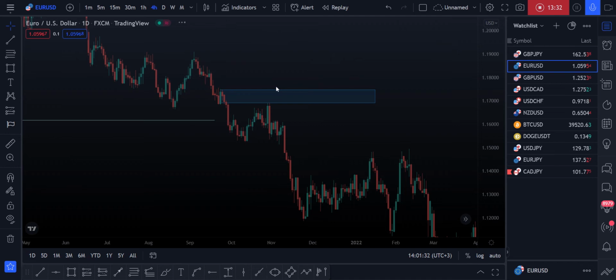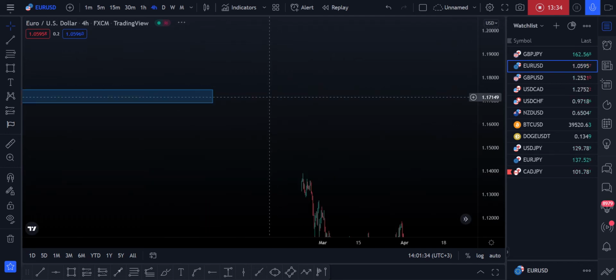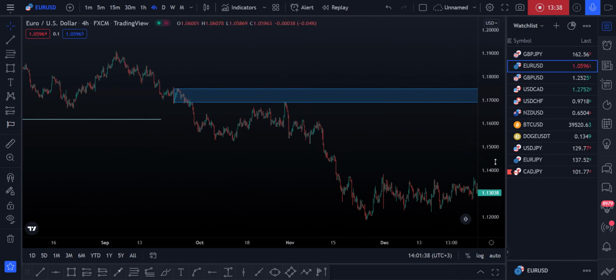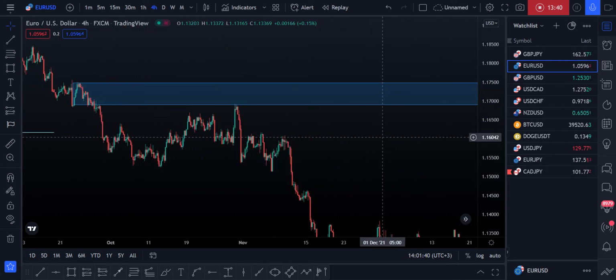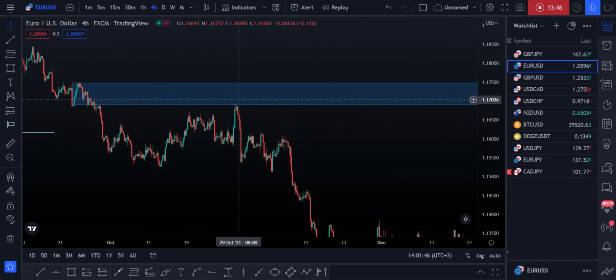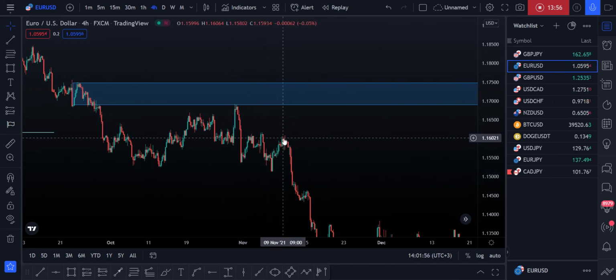And if the zone is still too big, you can go to the 4 hour and wait for a break of structure. So clearly we can see that we had some bit of uptrend, and until we break it, wait for a pullback, price didn't come back here, but then we had another break of structure here. So taking the trade here was a good option.